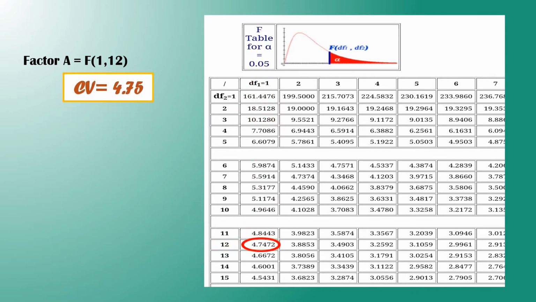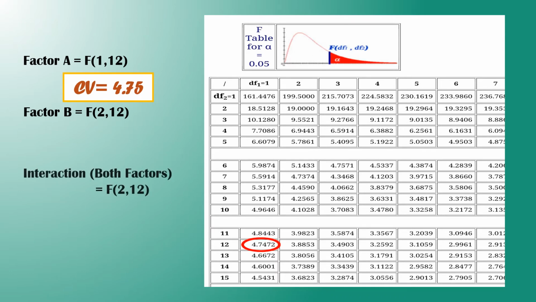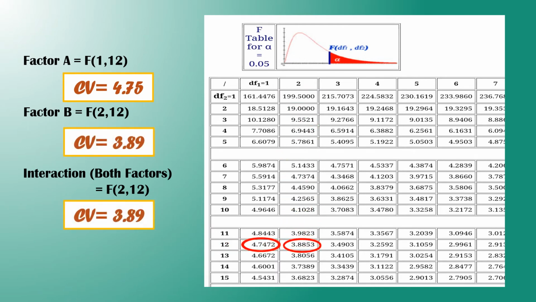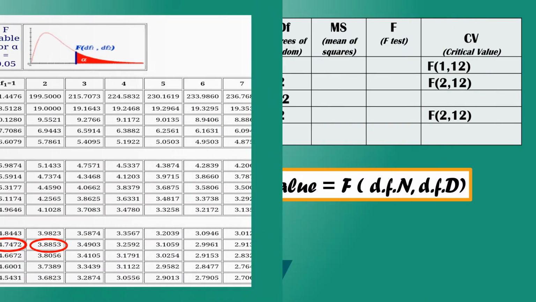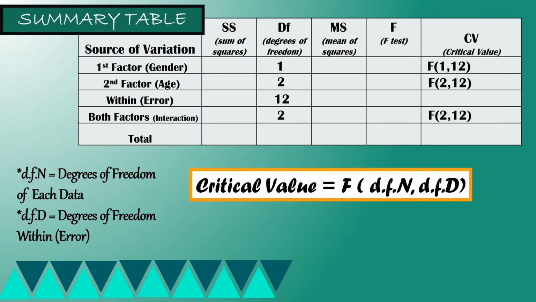Then, the critical value for factor A is equal to 4.75. Next is for factor B and the interaction, which have the same degrees of freedom for numerator and denominator. And our critical value for them is equal to 3.89. Then let's plot it in the table.